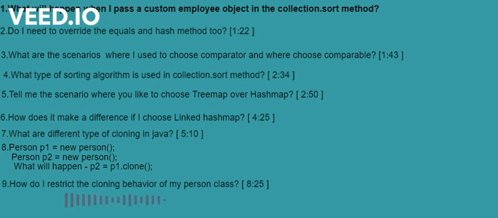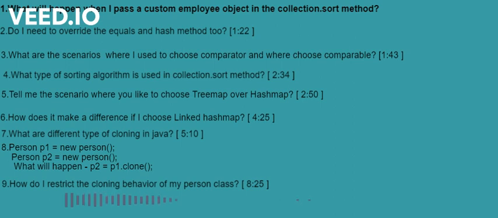One thing we have to take care of: for the clone method to work, we have to make the Person class Cloneable, only in that case. But as you said, there is a clone method in the Object class, right? Yes, that is fine.